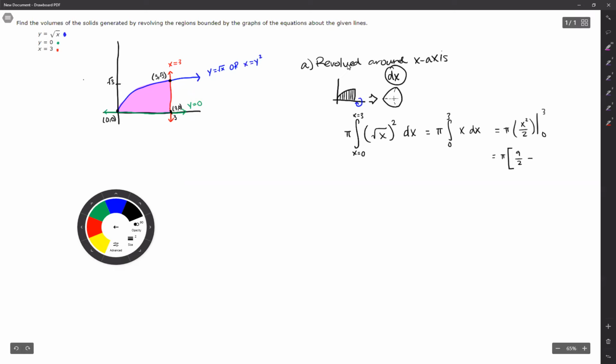Plugging in 0, we get 0 squared over 2, so 0. Well, I guess for neatness, maybe put parentheses around these. Doesn't really matter right now. But that ends up being 9 over 2 pi. And obviously you can adjust this to your numbers. Okay, so second, just revolved around the y-axis.